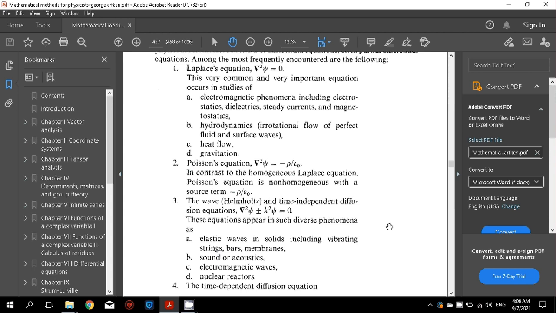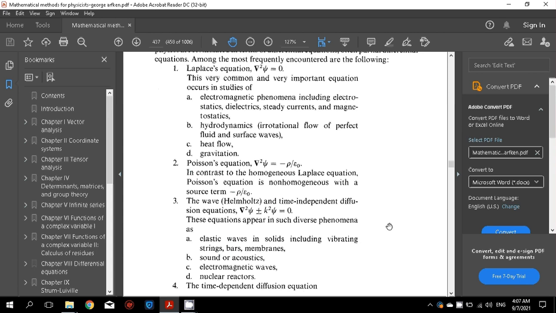The next important equation, rather the most important equation written in the generalized form, is del square psi is equal to minus rho over epsilon naught, and this is the Poisson's equation, which in fact covers the entire electromagnetism. It is also known as the wave equation, Helmholtz equation, and so you must go through this list carefully.